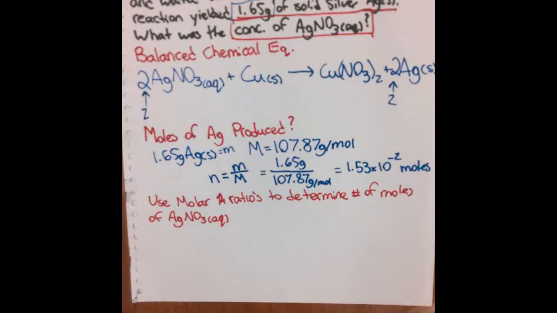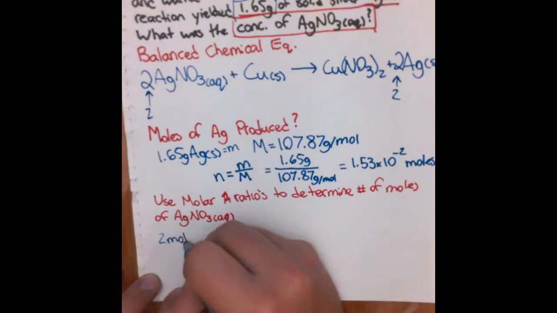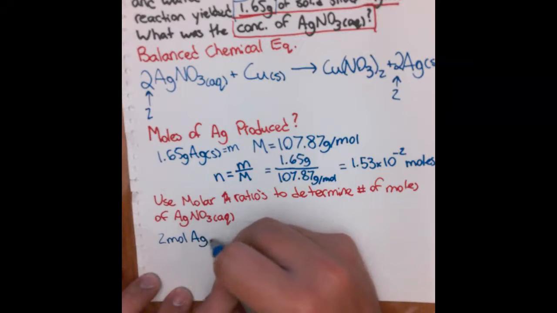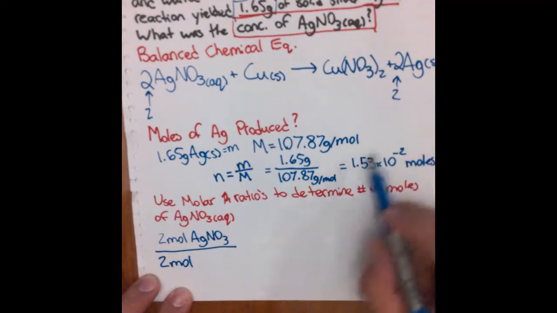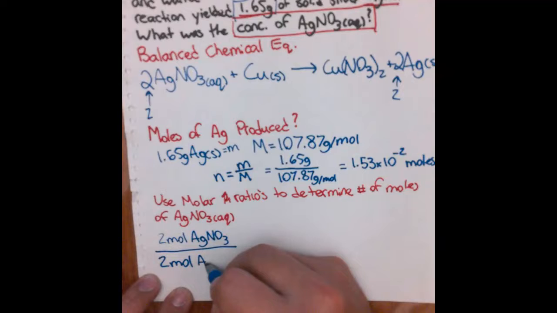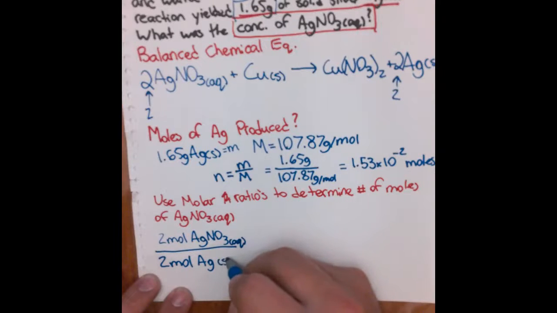So I know that my molar ratio is just going to be 2 moles of AgNO3 for every 2 moles of my Ag. It's going to be aqueous, and this is going to be solid.